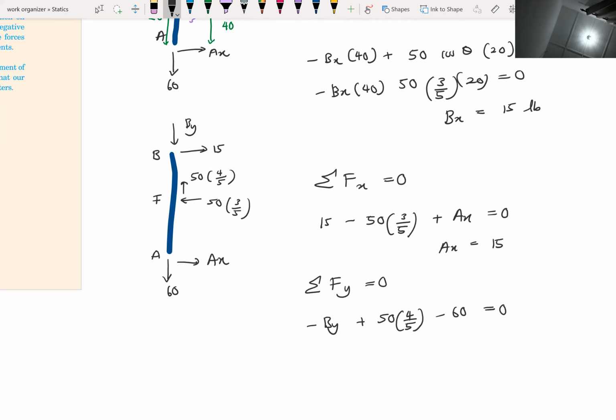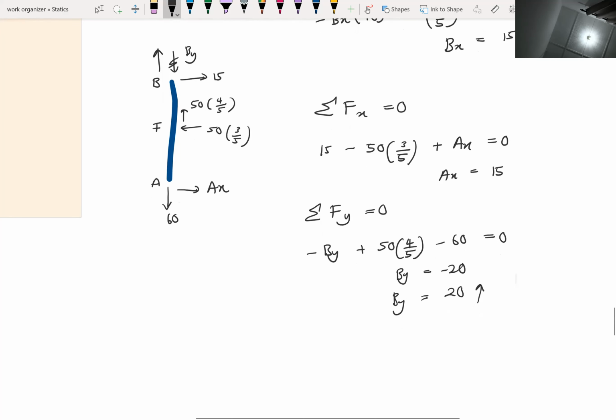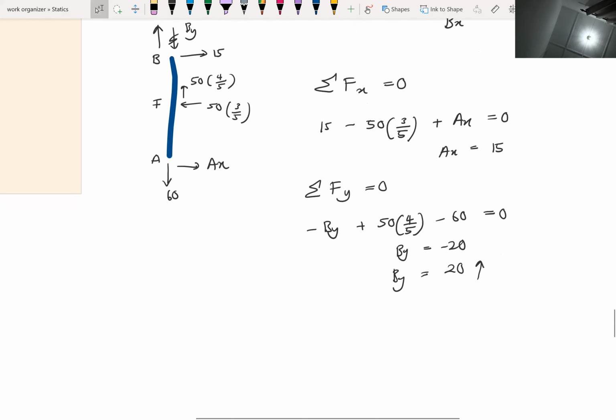So here By equal to negative 20, which means the force of By is 20, but the direction will be upward. So this one will be upward. Now we do member BC.